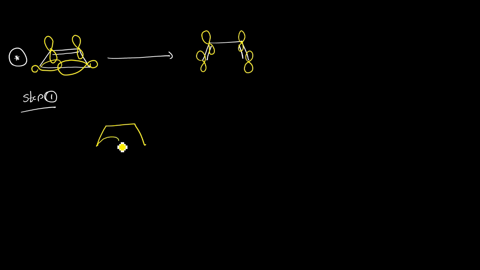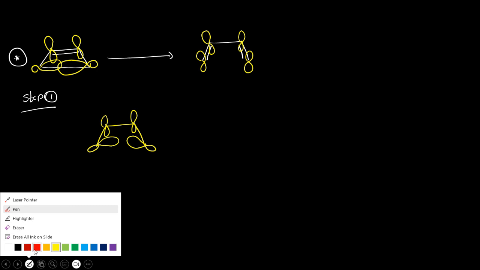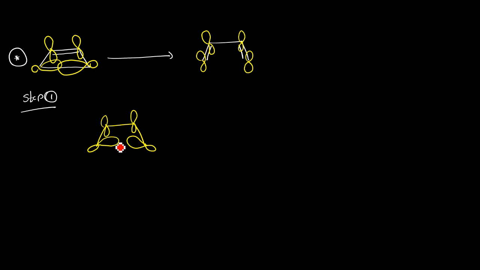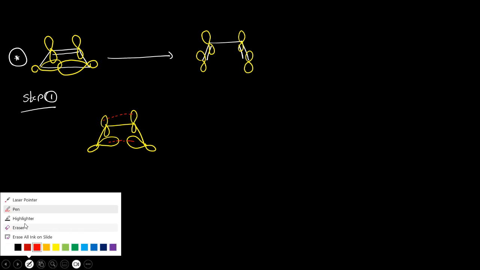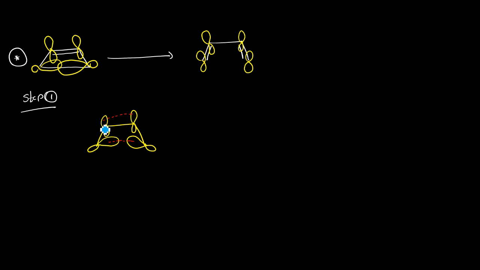So this bond is almost broken and the new bonds are almost formed. So I will draw the bonds which are going to break in red color and the bonds which are going to form in blue color.